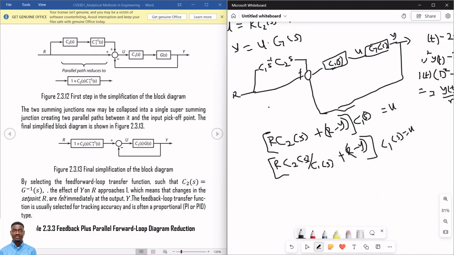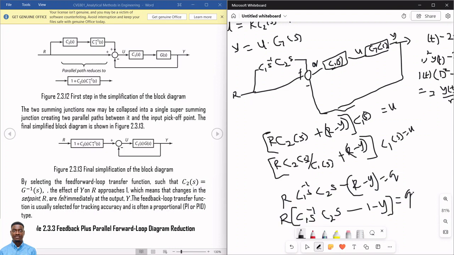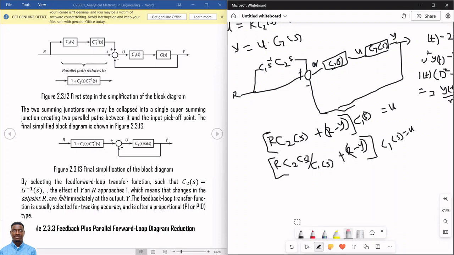So Y is coming here as negative, and R is going into this. Once we have moved this Y to this point, what we're going to be having is R into this and R here.